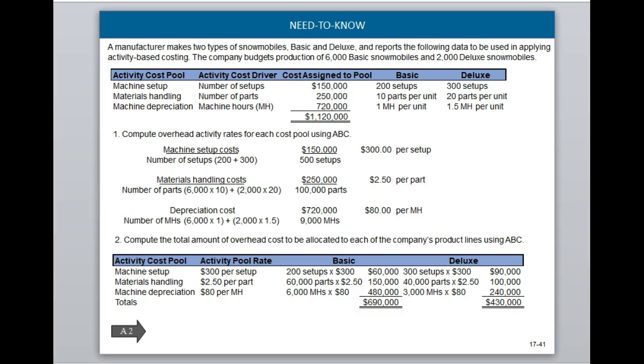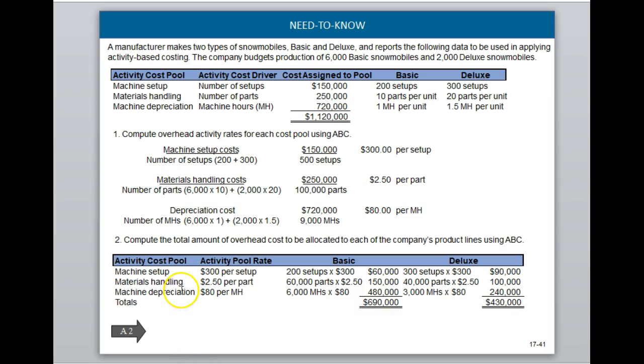This is kind of an overview of everything we just did. Here's step one, where we've got the costs set up and divided it by the number of setups. So we come up with $300 per setup. We have the material handling costs, and we have depreciation costs. See, each one is using different ways.